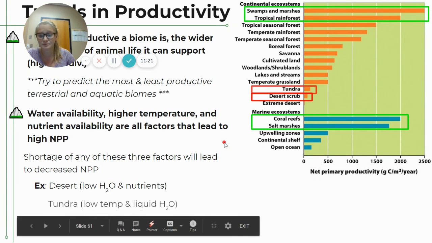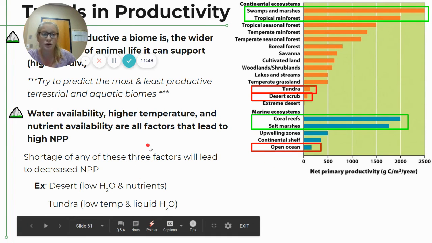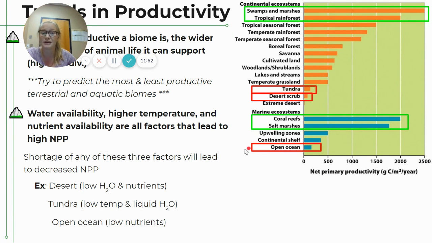The tundra also has really low biodiversity and really low net primary productivity, so the link is still there. Low biodiversity means low productivity. High biodiversity means high primary productivity. Maybe I should say it the opposite way: high primary productivity means high biodiversity, because the high primary productivity is what leads to the biodiversity. And the open ocean is also really low because of limiting factors like sunlight.